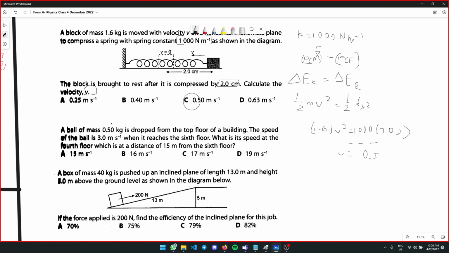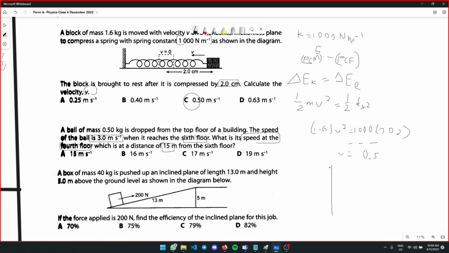A ball of mass 0.5 is dropped from the top floor of a building. The speed of the ball is 3 meters per second when it reaches the sixth floor. What is the speed at the fourth floor, which is a distance of 15 meters from the sixth floor?